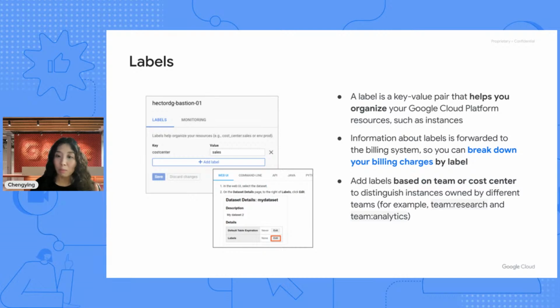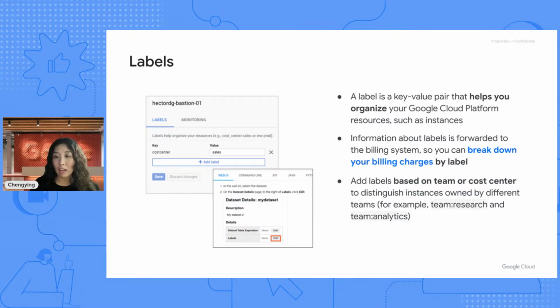You can add labels based on team or cost center to distinguish resources owned by different teams. For example, you can have team of research, analytics. You can use this type of label for cost accounting and budgeting as well. It is also common to add component labels, like Redis, front end, or ingestion, so you can differentiate what the component of these resources is.